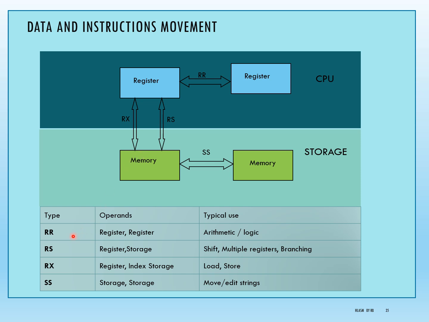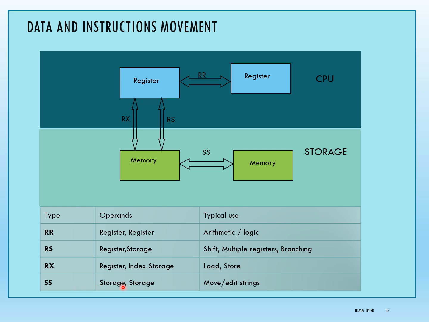So you keep hearing this nomenclature: this is an RR instruction, that is register to register, where arithmetic and logical operations will happen. Register-storage operations, like shift, multiple registers and branching, also happen. An RX instruction is one where we load data from memory to a register, like this, and we also have load and store.